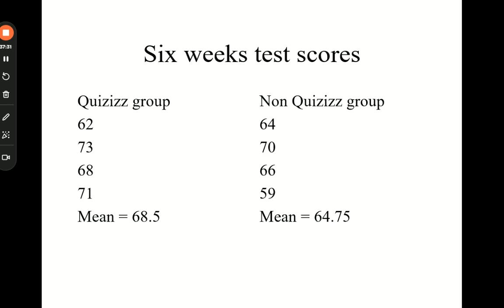Now, let me ask you this. Is that a big enough difference to really mean that the quizzes caused the difference? I don't know. This is just made up data. But the point is, what if this difference is just random variation in nature? What if the quizzes isn't doing anything? Something to think about.